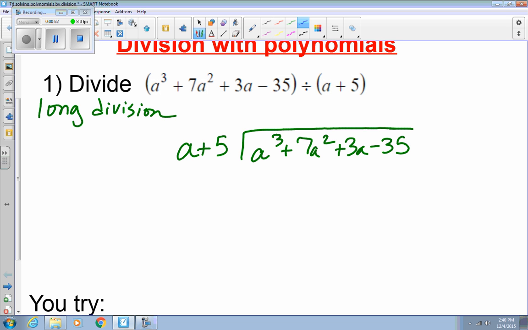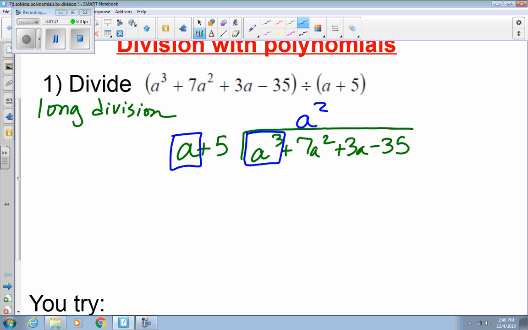Set it up the same way as when you did just numbers. When you're dividing this, you look at the first term of what you're dividing by, and you divide the first term here by a first. So a to the third divided by a is a squared.